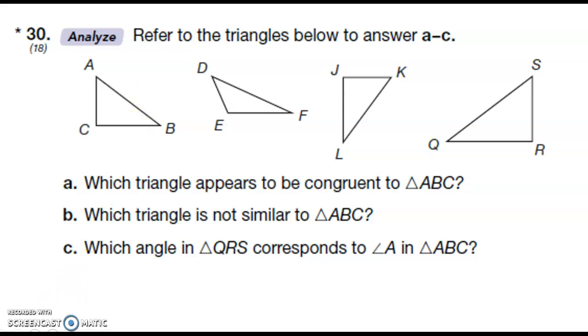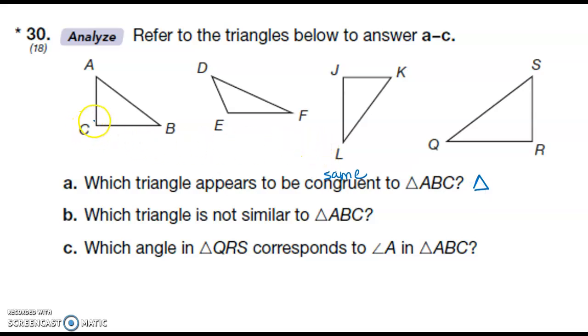Alright, number 30. Let's change colors here. Refer to the triangles below to answer A through C. Which triangle appears to be congruent, same, to ABC? It's not this one, because this has an obtuse angle and this has a right angle. This has a right. I think it's this one. So let's name it correctly.